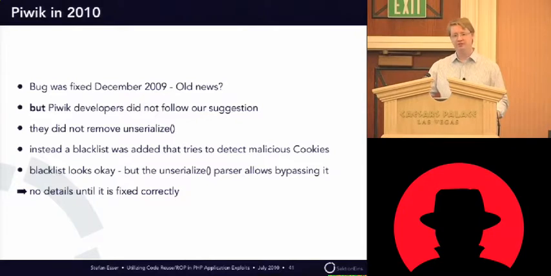But the problem here is PHP developers always know things better. So my recommendation on how to fix it, to remove the unserialize, was ignored. What they did is they still use unserialize and just put in a blacklist. And we all know that blacklists are the most effective way to ensure security.